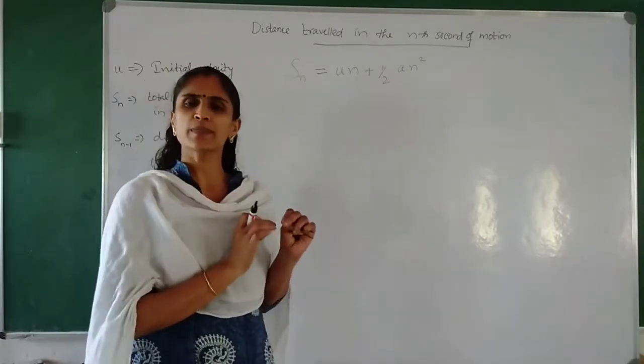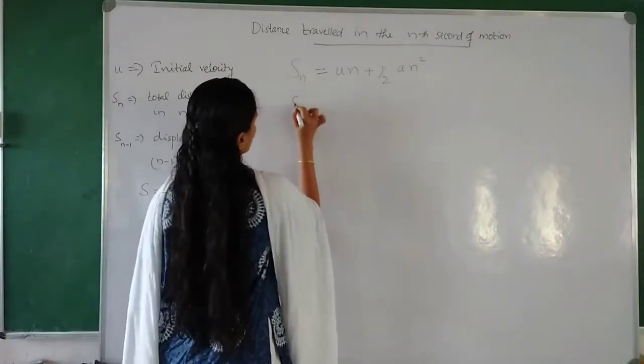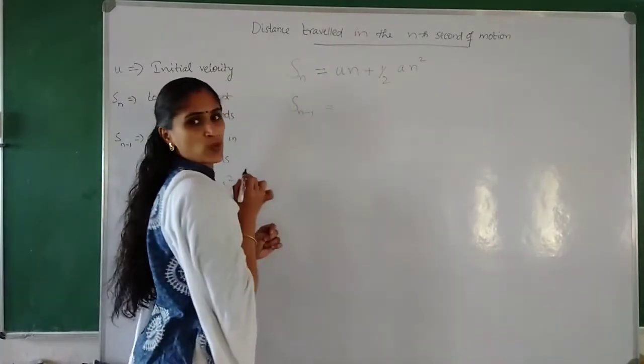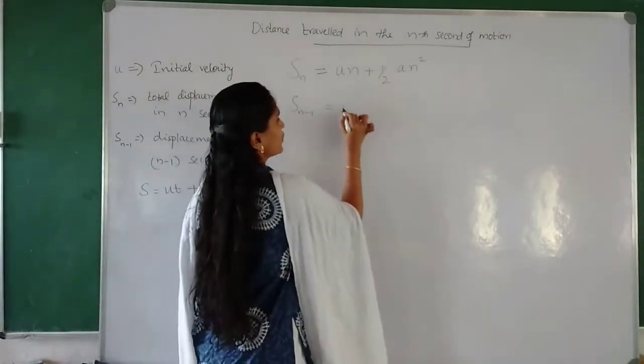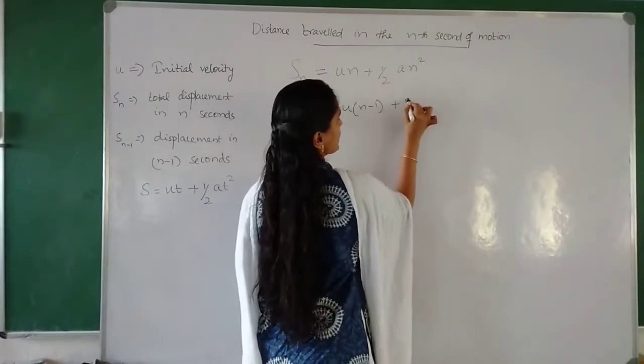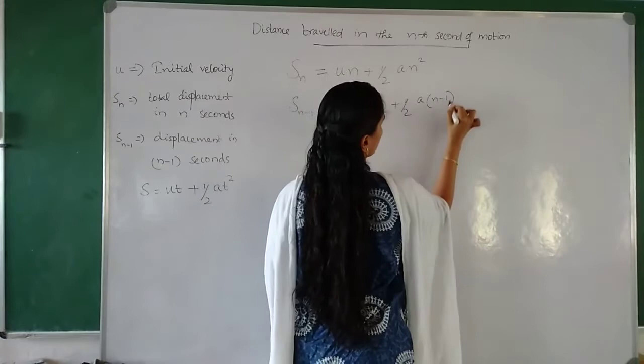Now, what is the displacement of the object in n minus 1 seconds? That can be written as Sn minus 1 equal to u into n minus 1 plus half a into n minus 1 square.